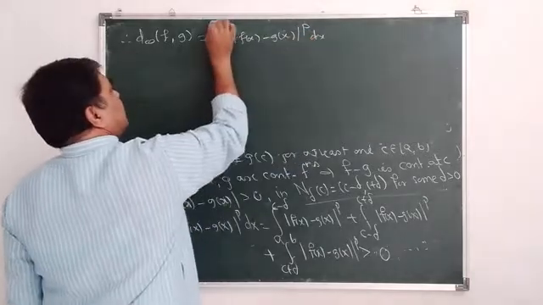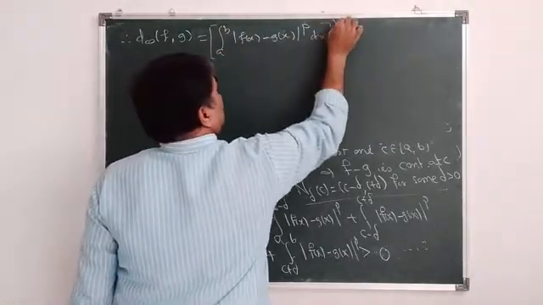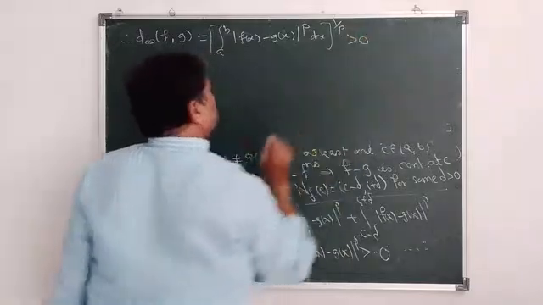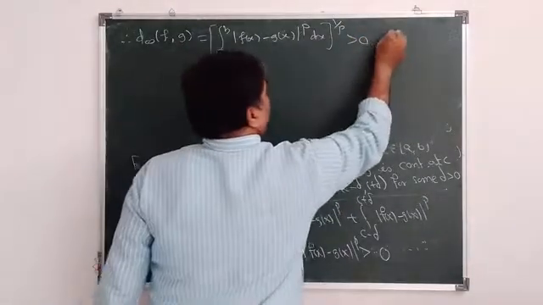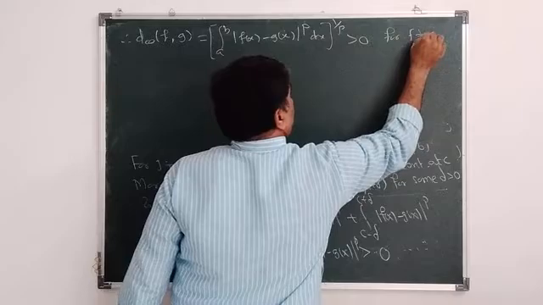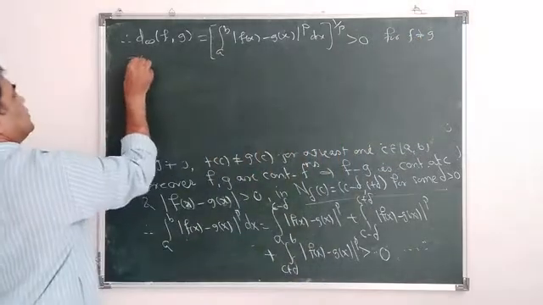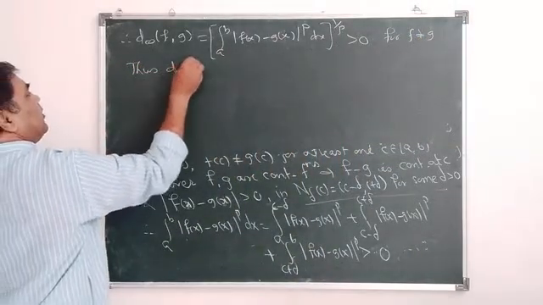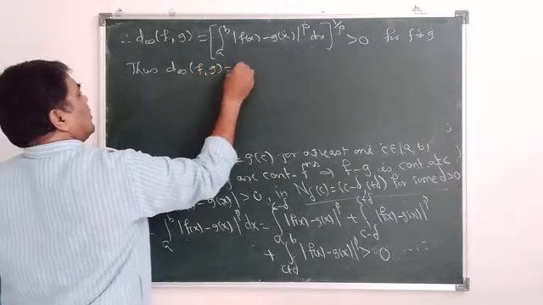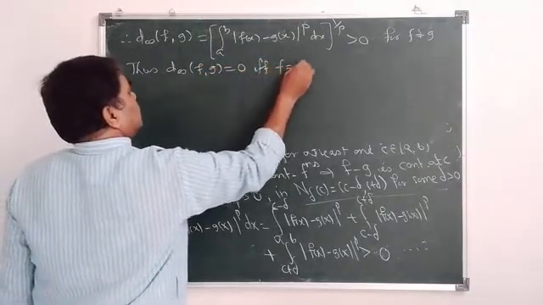This is positive, so if I take its pth root, it is also positive for f not equal to g. Thus, d_p(f,g) is 0 if and only if f equals g.